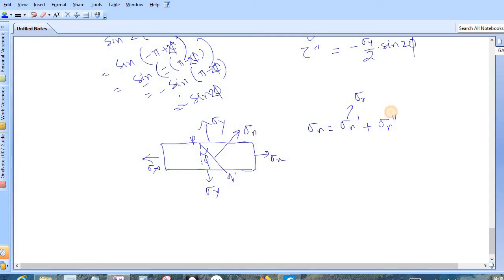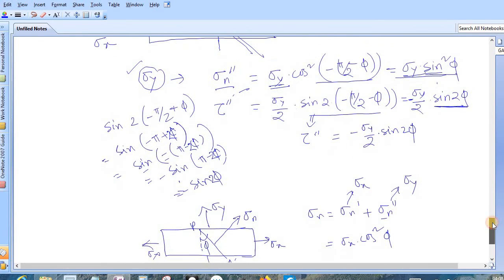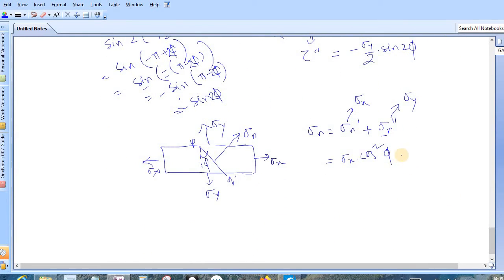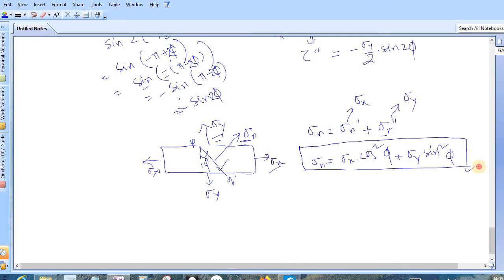One is due to sigma x, this is due to sigma y. So sigma n dashed is sigma x multiplied with cos square phi, and this we have just derived, it is sine square phi, so plus sigma y sine square phi. So if you are given sigma x and sigma y like this, and you are asked to find normal stresses on a plane which is making angle phi, just by this simple formula you can find out the normal stress acting on this plane.